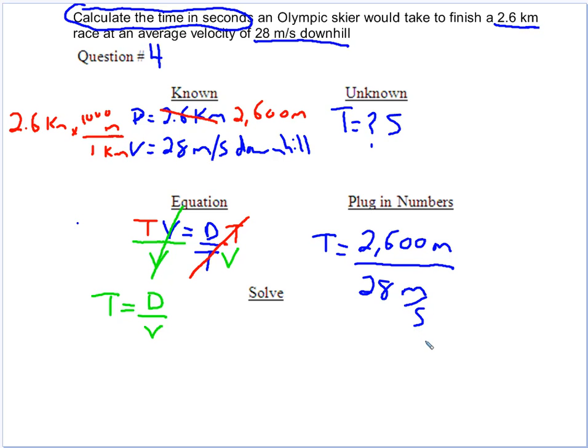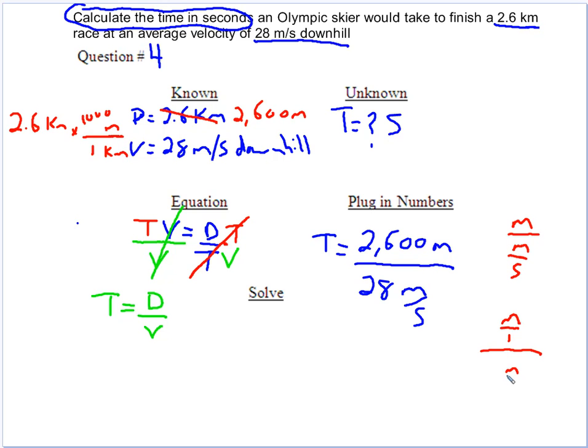And to show you how our meters cancel, if you look over here off to the side, if we have meters over meters per second, really what you're looking at is two fractions. You have meters over 1 and meters over seconds.